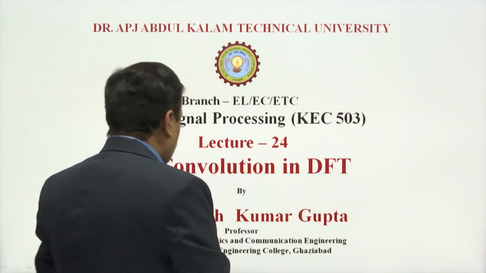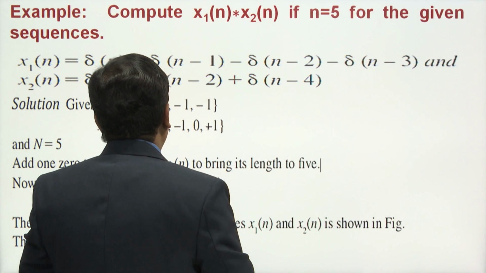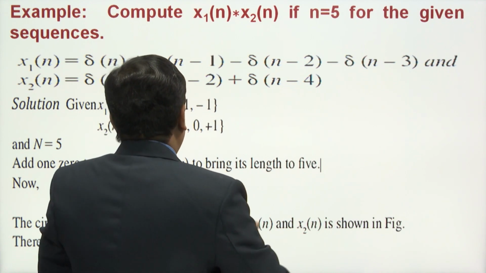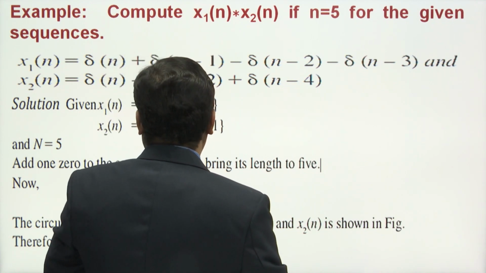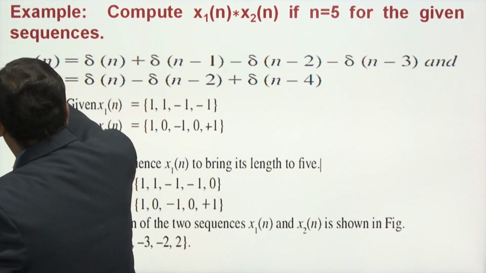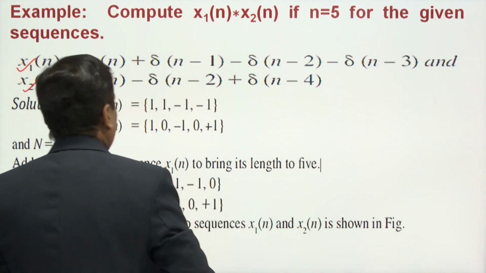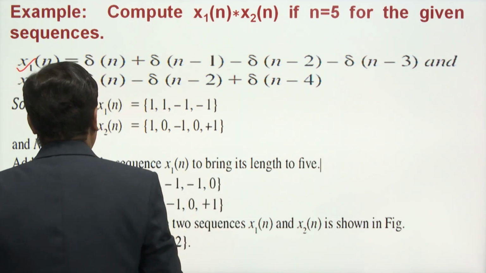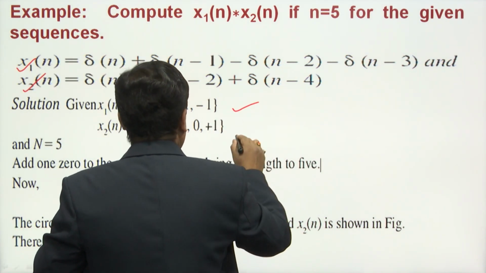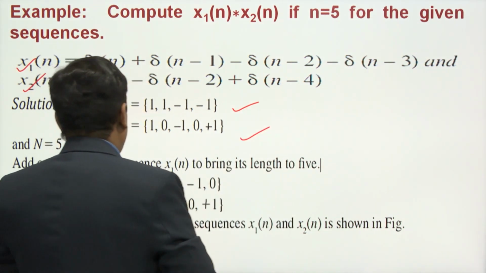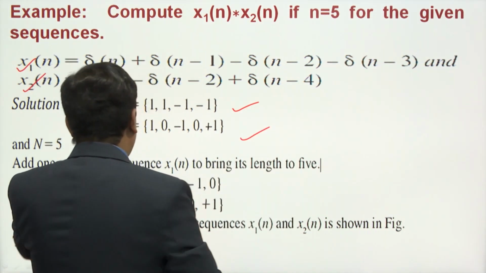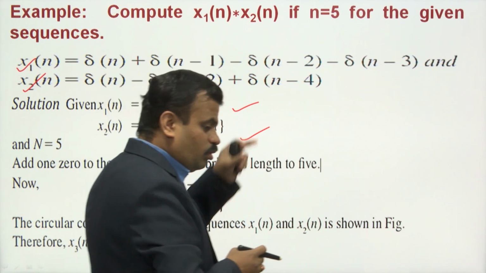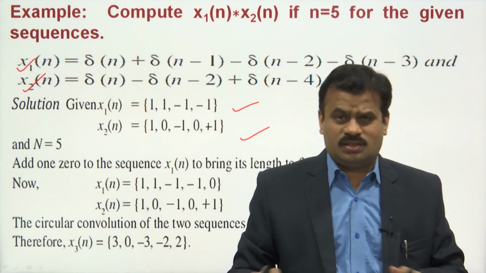Now, in the last class I discussed this question in short: x1 n and x2 n are given to you. At first, the sequences are shown from these equations. If you want to calculate the circular convolution between these two sequences, you have to keep the sequences of the same finite length. But x1 n has length 4 and x2 n has length 5, so the sequences are not of the same length.